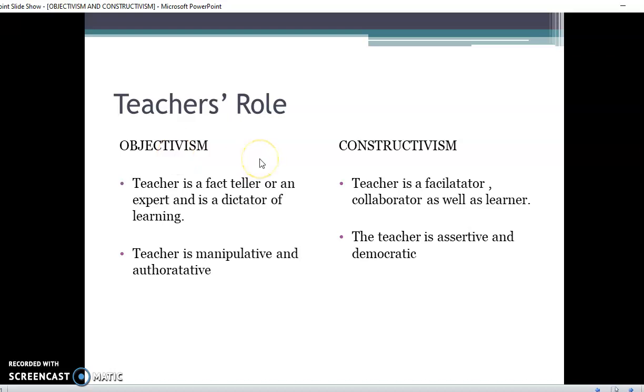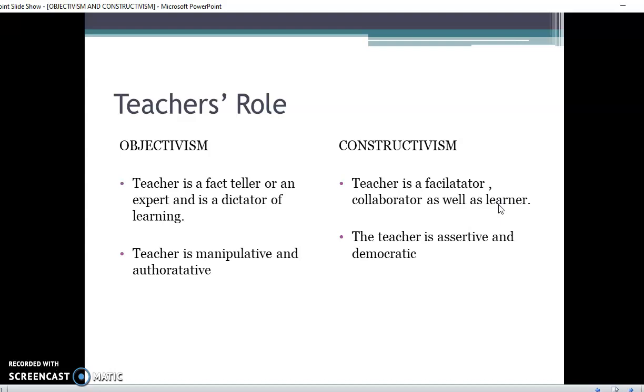In objectivism, the teacher is considered to be an expert of the field, the epitome of that knowledge which the students have come to gain, and is also considered a dictator or a fact teller. But in the constructivist approach, the teacher is a learner as well, because the teacher learns with the students too; we can learn a lot from our students.